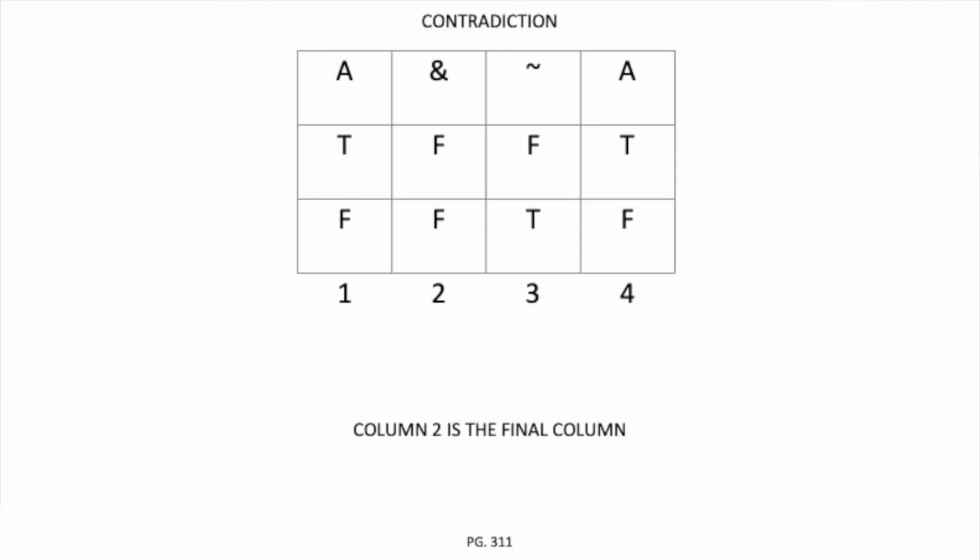I have constructed a truth table of the formula A and tilde A to show you a contradiction test, as you'll see. And you see that in the final column, column 2, there are all F's. And so this compound sentence is a contradiction, meaning it is false in every possible circumstance and true in none.